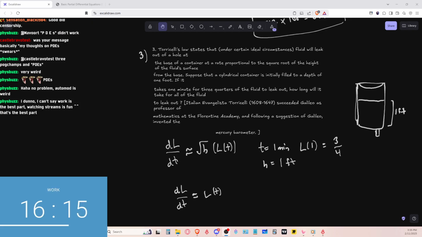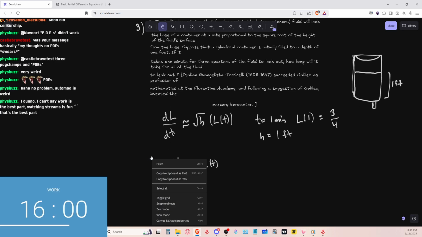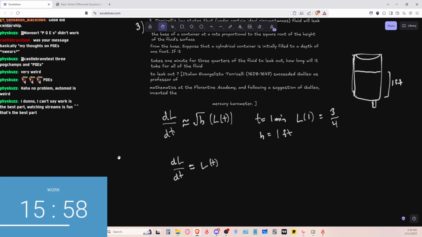Okay, so I guess we'll do what you suggested, Mavort. Because I was trying to make a function of the leak, like how much is leaking. Because the question asked us how long will it take for all the fluid to leak out?